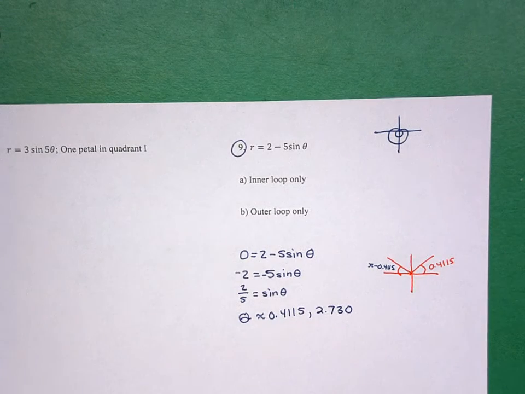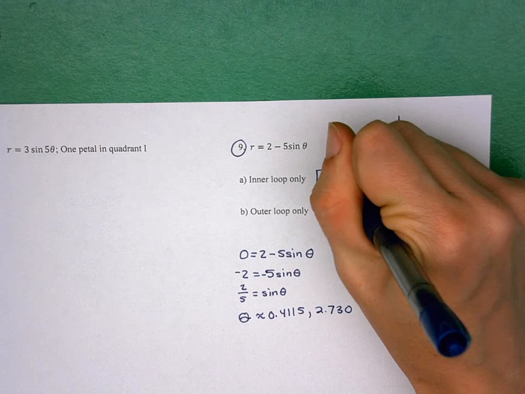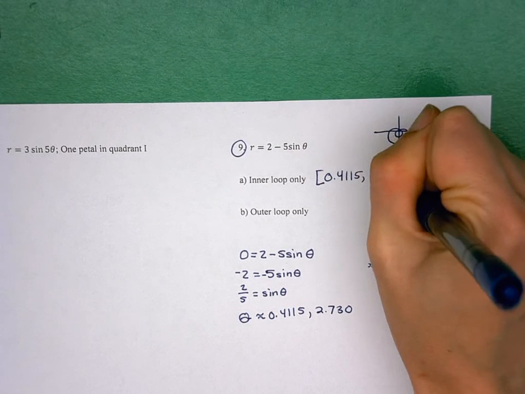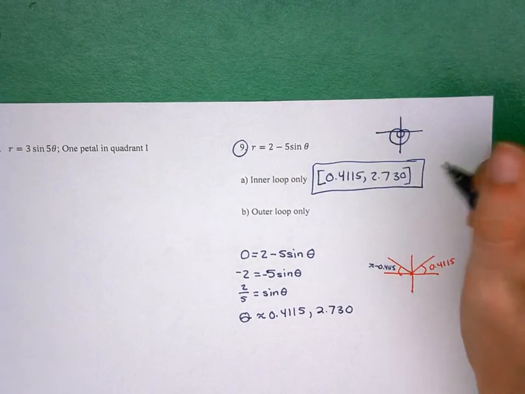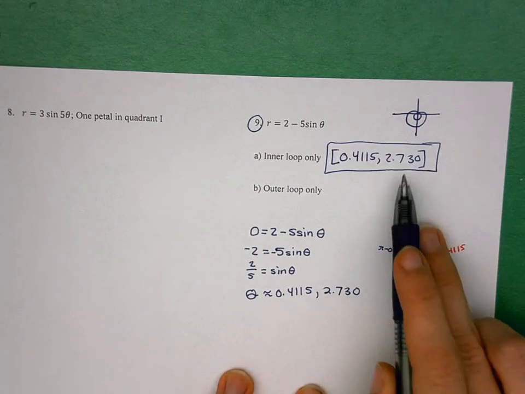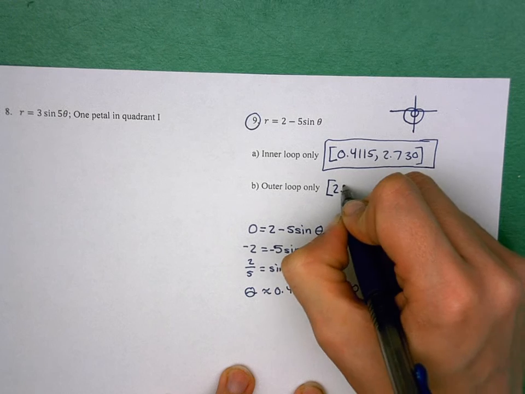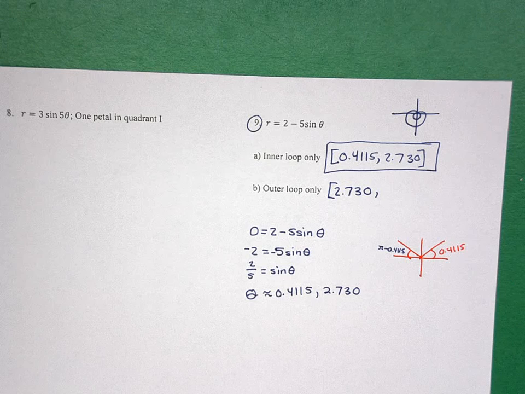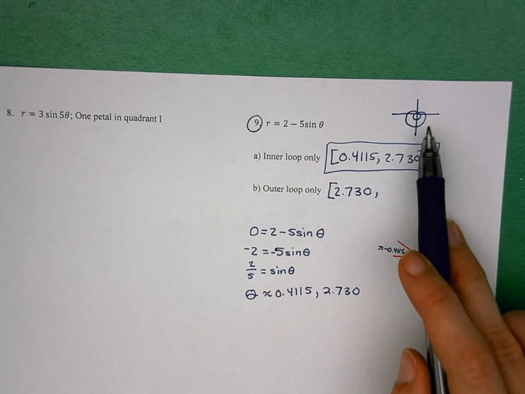So then my inner loop goes from 0.4115 to 2.730. And my outer loop starts up again at that 2.730 where my inner loop ended, and continues the rotation all the way back around to where we started, the 0.4115.